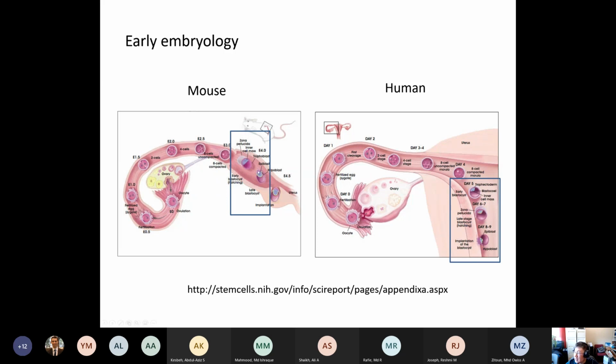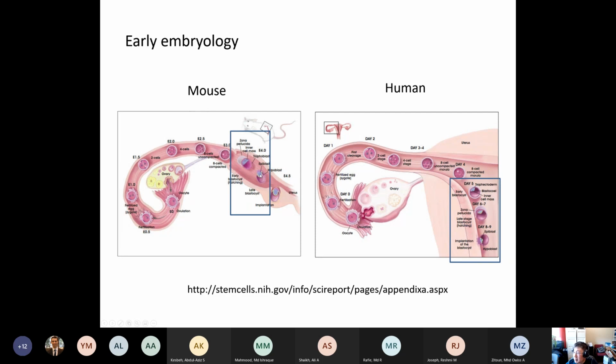And at that stage, the embryo is called an epiblast. It's no longer a blastocyst, it's an epiblast. So if you isolate the cells, it's no longer the inner cell mass. It's called epiblast.